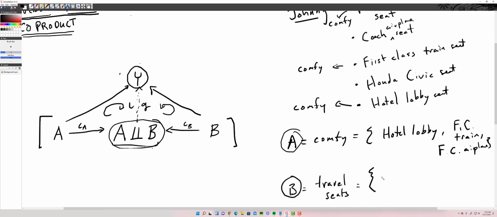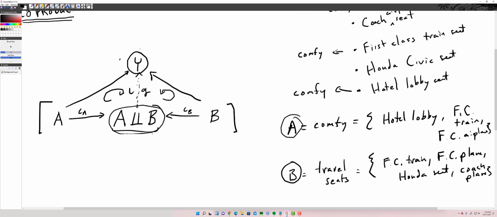So I'm kind of stealing this, but I'm trying not to by making it completely stupid to go with the title of the whole video. I am, after all, an idiot. So the travel seats would include the first class train seat, the first class plane seat, the Honda seat, and the coach plane seat.